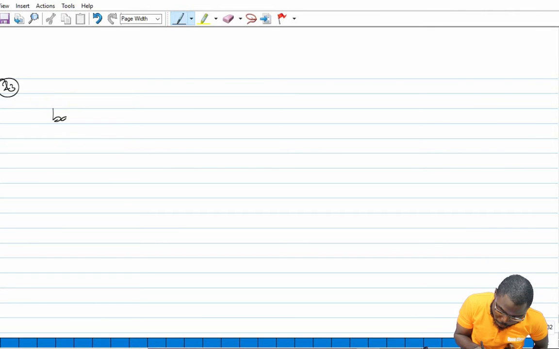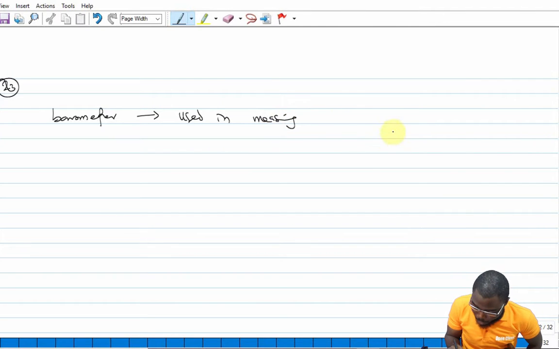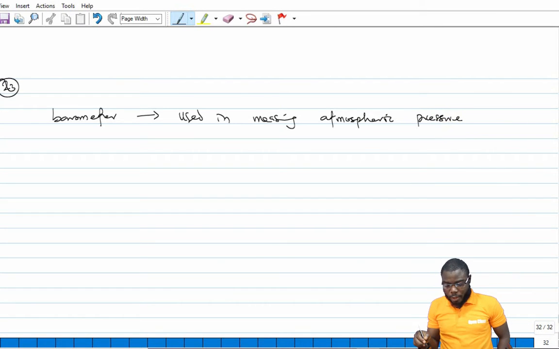Your barometer is used in measuring atmospheric pressure.